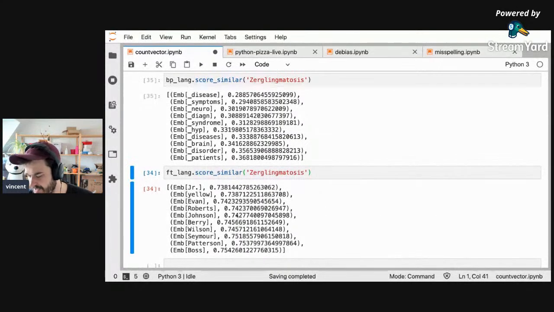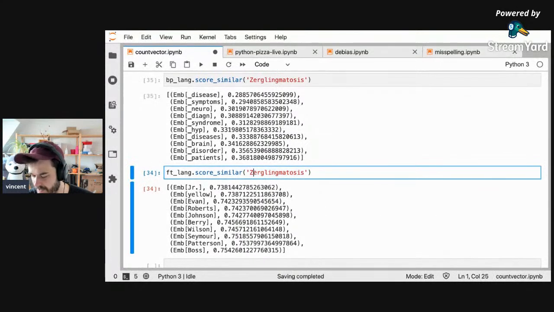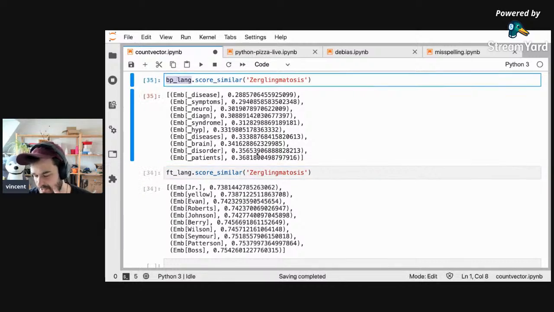And one of the things that we see is that because there's a capital letter in here, fasttext thinks that it's about a person, and it's totally overfitting on this part of the word that doesn't really exist. But we also see that the Byte-Pair language actually tends to focus a little bit more on this osis part, and is therefore able to recognize that it's a little bit more about diseases and symptoms and diagnoses and that sort of thing.